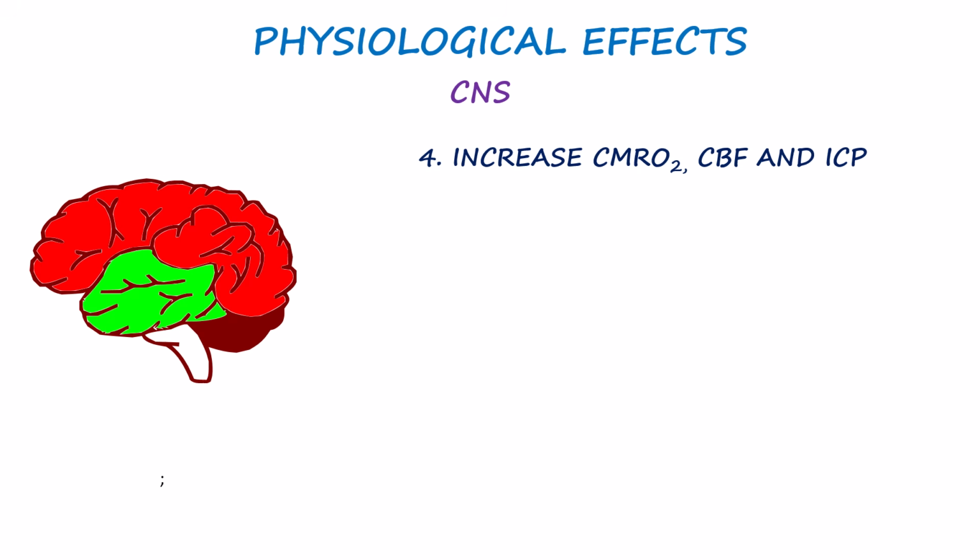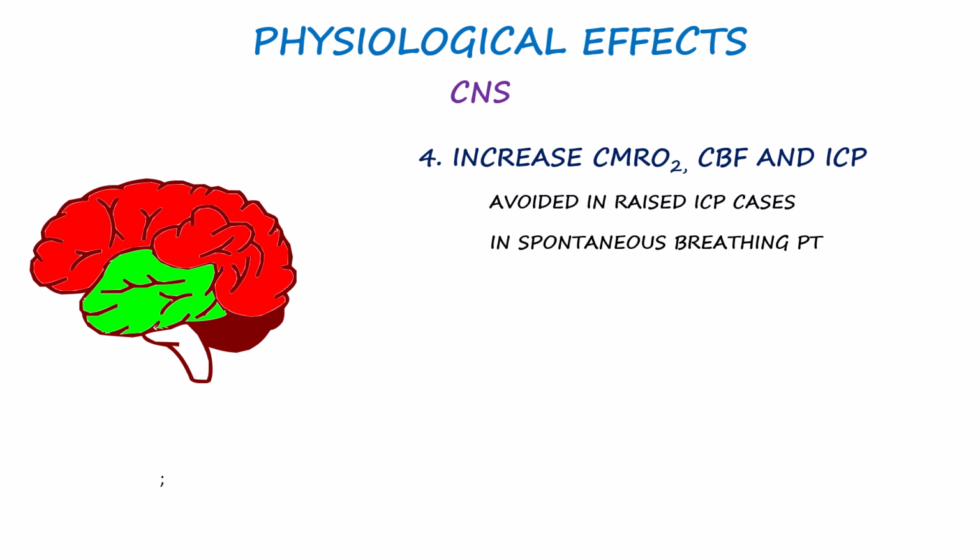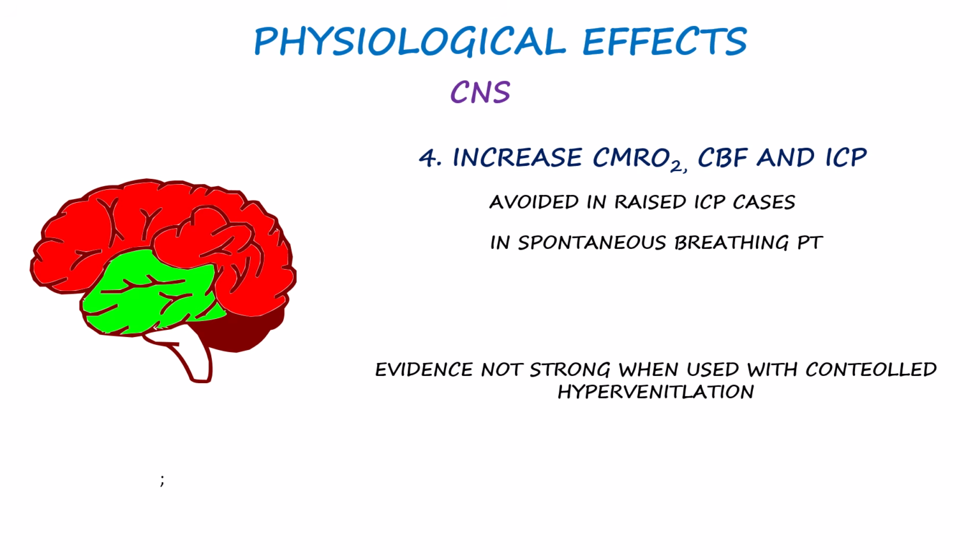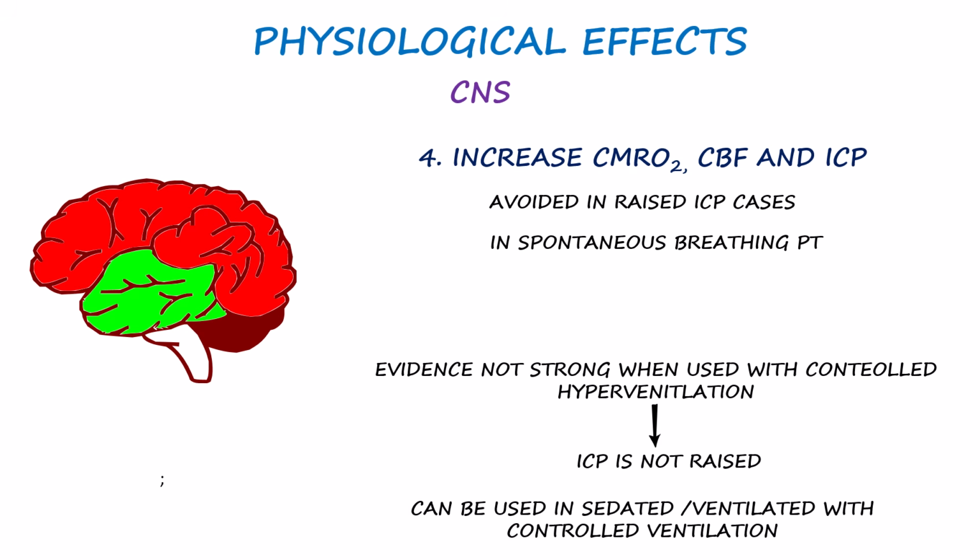Traditionally, it was avoided in patients with raised ICP based on older studies in spontaneously breathing individuals, where CO2 levels were not controlled. However, more recent research in sedated and mechanically ventilated patients, including those with traumatic brain injury, has shown that ketamine does not significantly increase ICP and may even reduce it. With proper ventilation and controlled hyperventilation, ICP remains stable or improves.